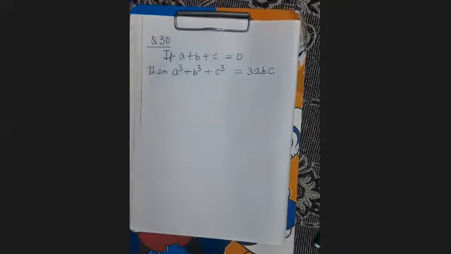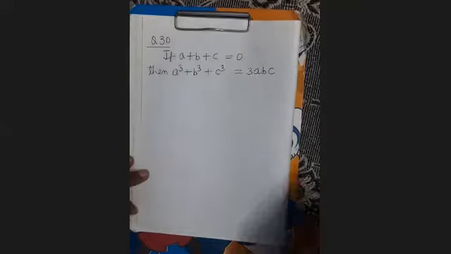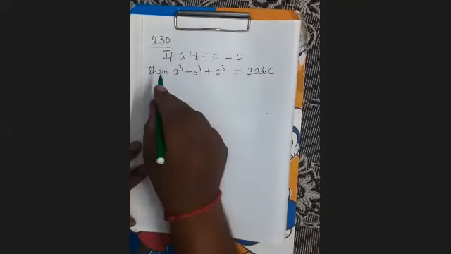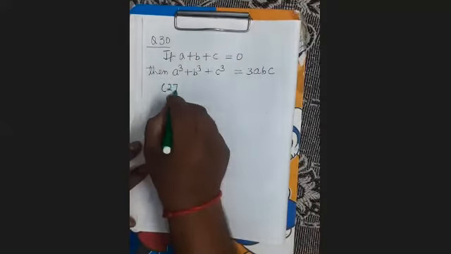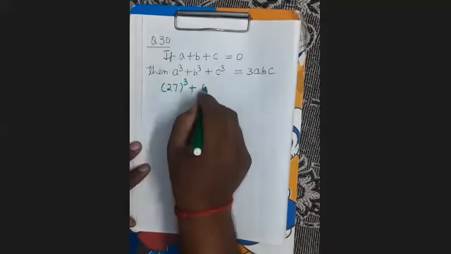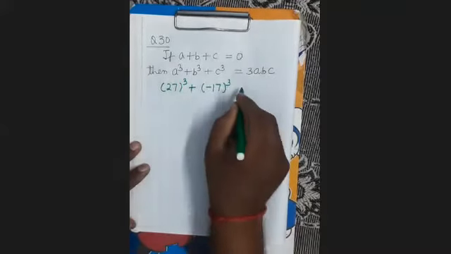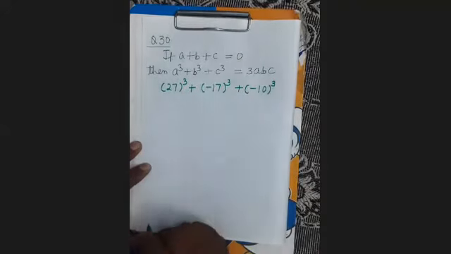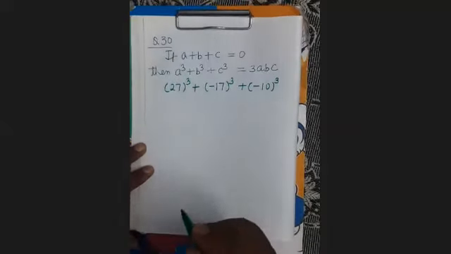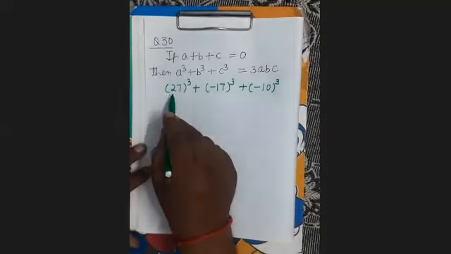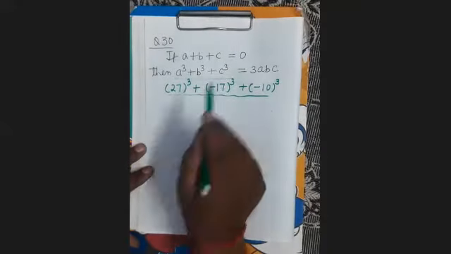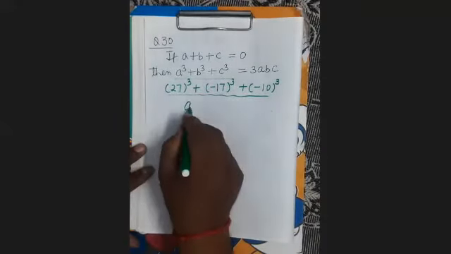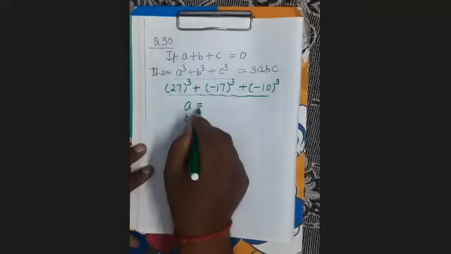It's clear? Now here it is given 27 whole cube plus minus 17 whole cube plus minus 10 whole cube. If you compare, what will be A, B, C?